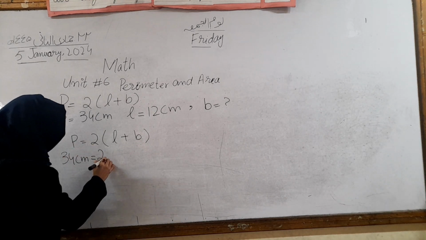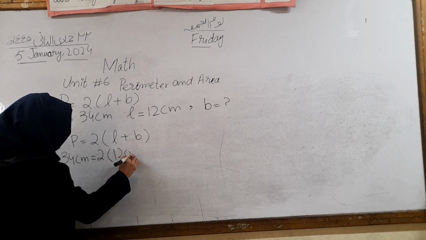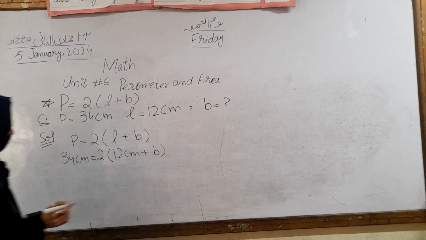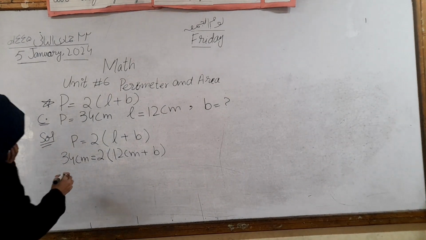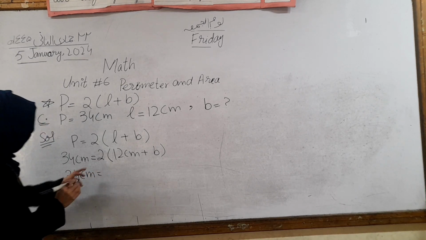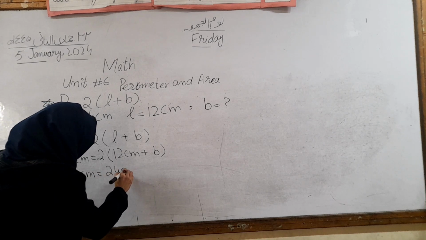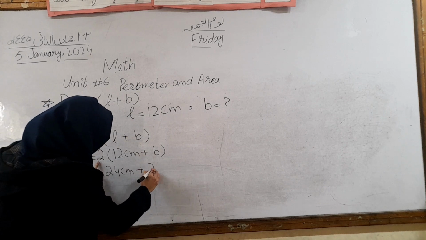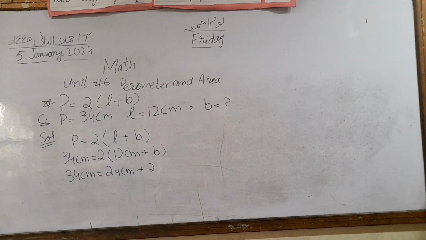In place of 2, write 2 bracket. What is the value of length? Length is 12 centimeter plus breadth, which you have to find. So 34 centimeter is equal to 12 multiplied by 2, which is 24 centimeter, plus 2b. The 2 should multiply with both terms inside.